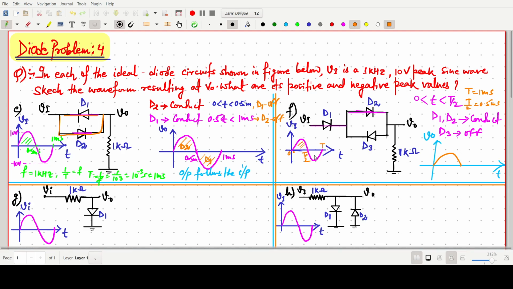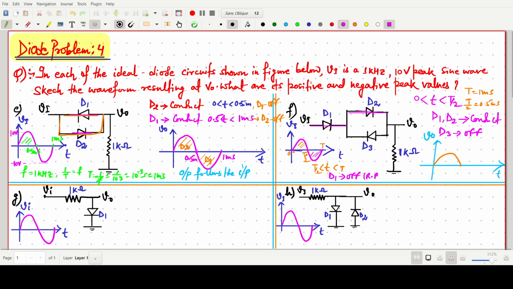For the negative half, in between time T by 2 to T, and it is negative, D1 will be off, reverse bias.